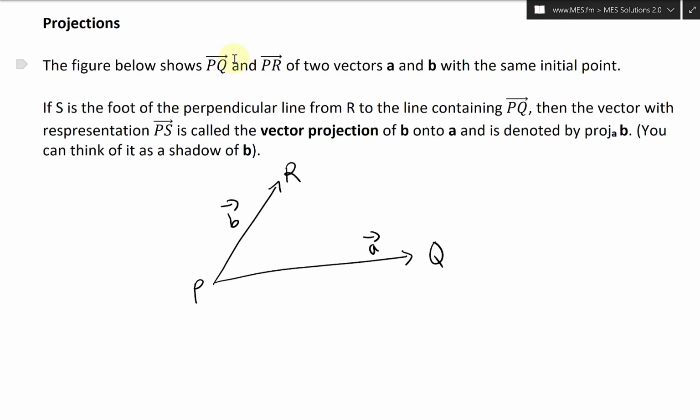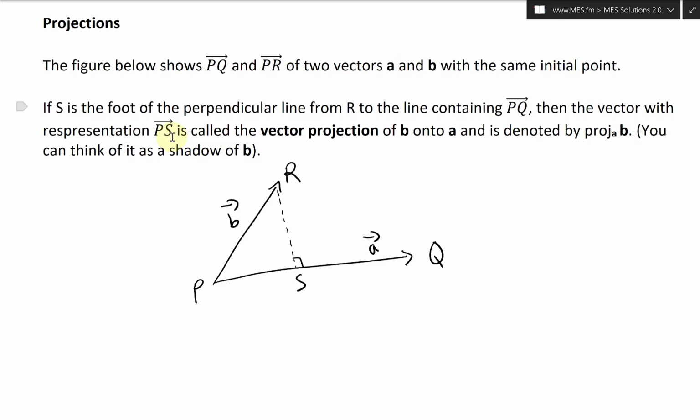All right, so if S is the foot of the perpendicular line from R to the line PQ, that would be all the way here, and then you draw a perpendicular line, like this. Then S is the foot of it.